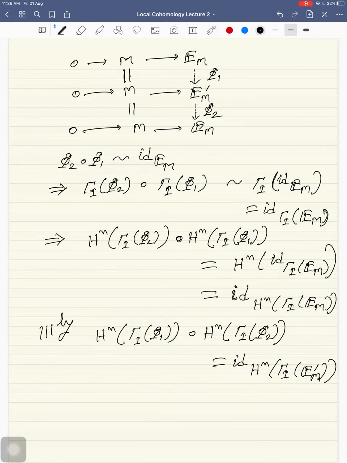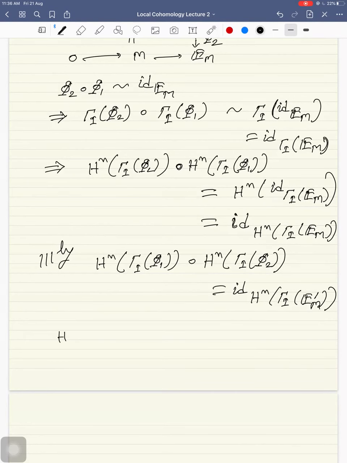And what is this nth cohomology map Hn of phi1?